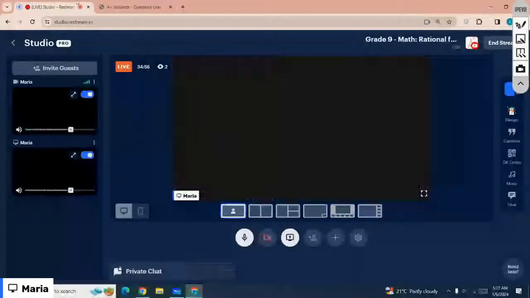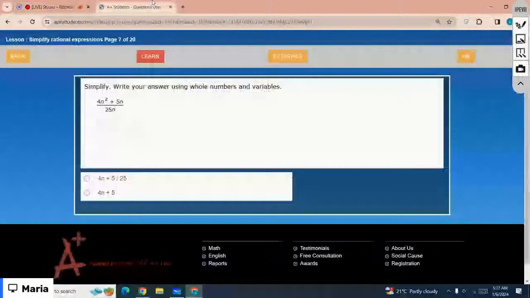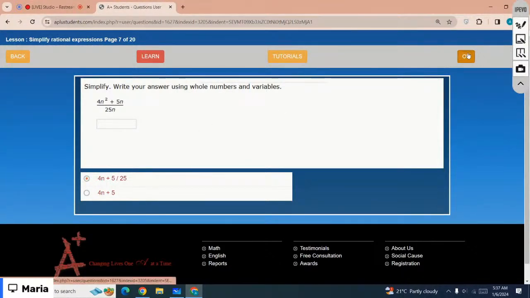Okay, so the correct option is 4n square plus 5n divided by 25, and so option number 1 is the correct option. Okay, the next one is simplify, which is the correct option, 1 or 2.